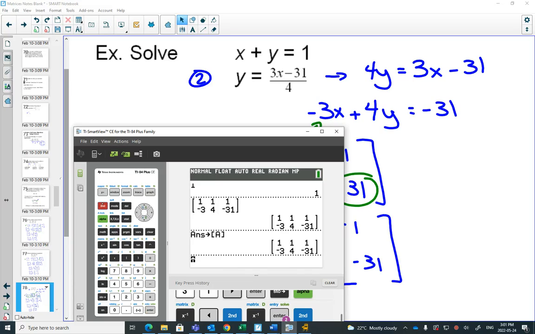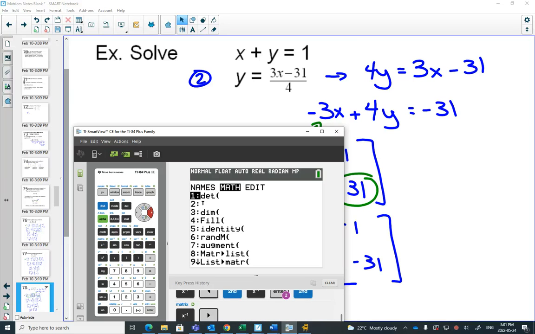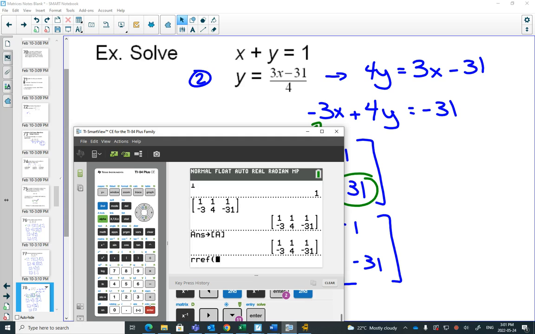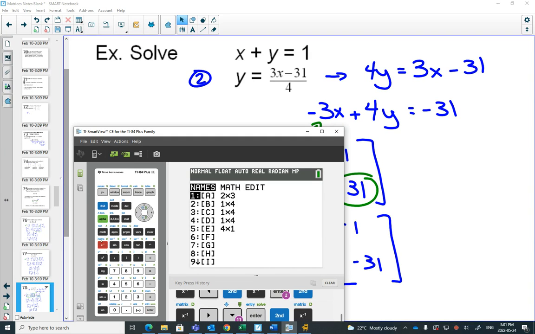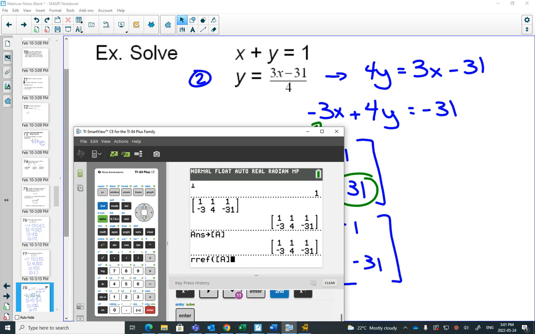And then go to matrix and go to math. And that one that I said you were really going to like, the reduced row echelon form of matrix A. And what it will do is rewrite these equations. Here, we'll show you the answer.